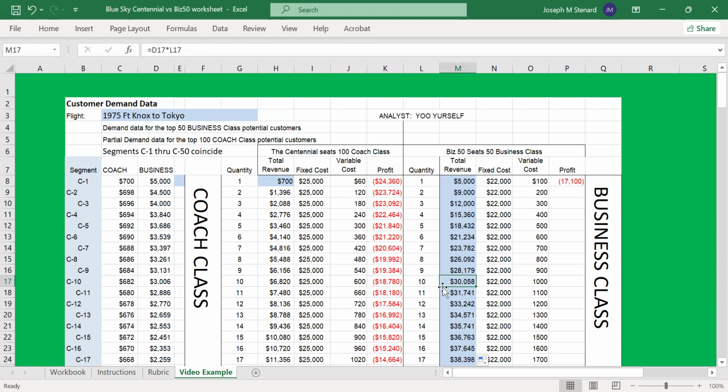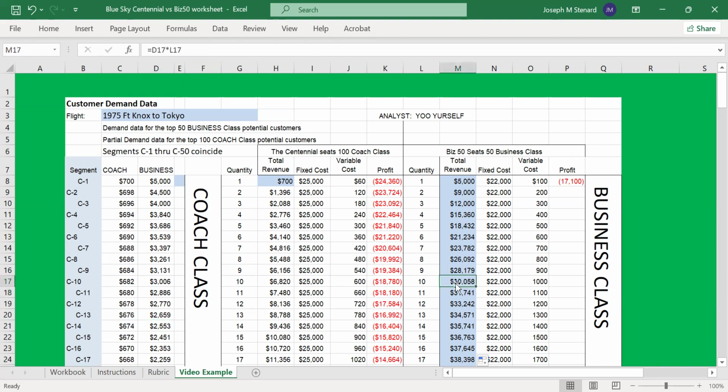So this line is telling us that if we charged $3,006 times 10, we'd get $30,060. And you go, why did it come out as 30,058? Shouldn't it be 30,060? You're like, oh, it should. It must be that this curve is using some sort of pennies that's not showing up here.